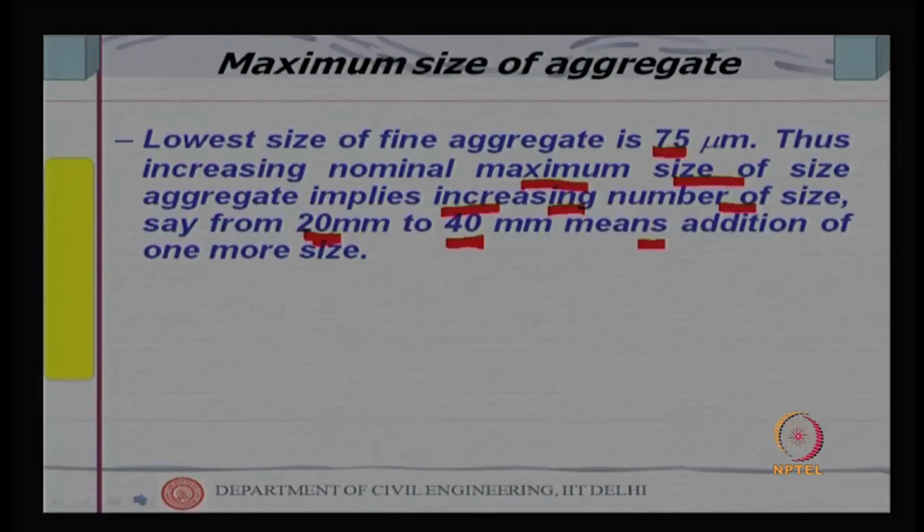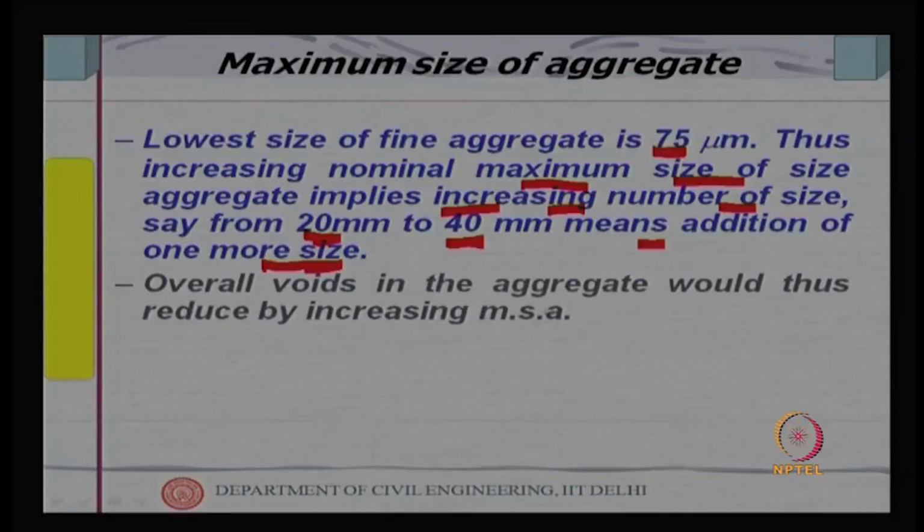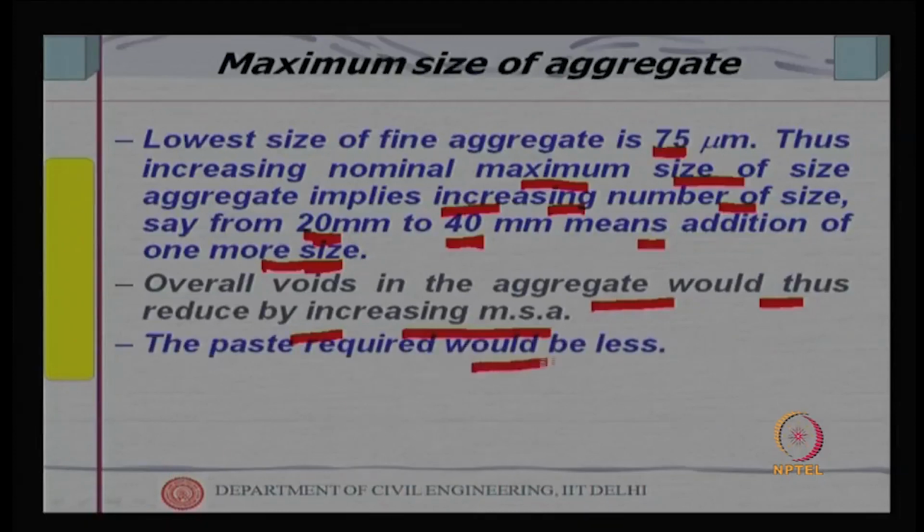So, the addition of one more size is very important, and therefore, overall voids in the aggregate would reduce by increasing MSA. This we have understood now, and the paste required will be less when you increase the maximum size of aggregate.